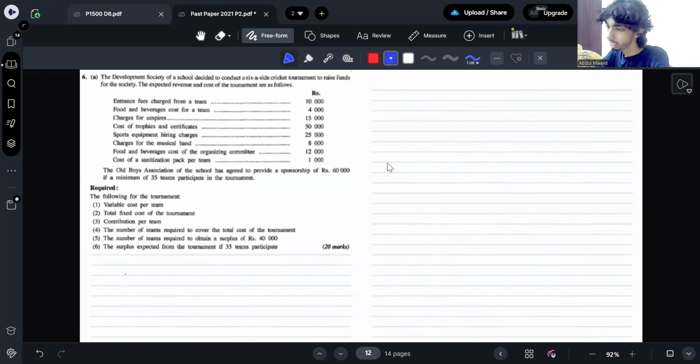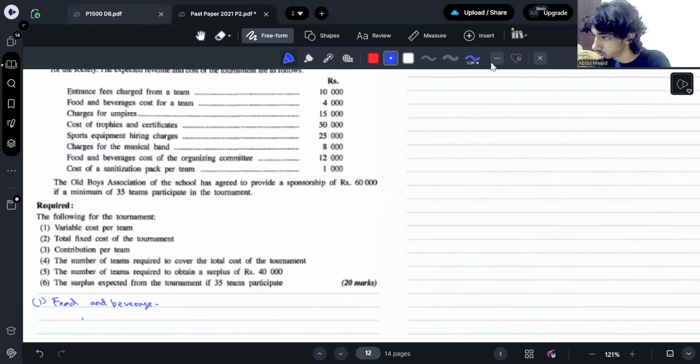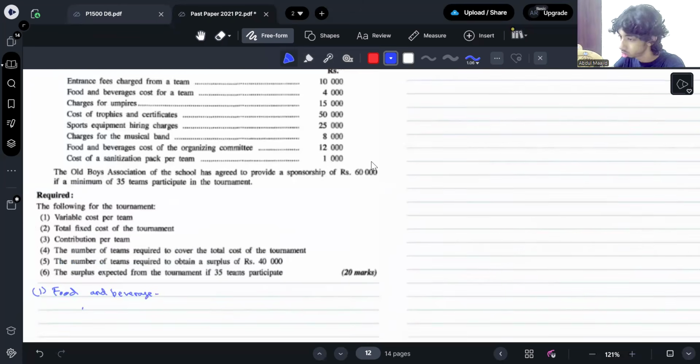Okay, so first of all, variable cost. Variable cost per team, you have food and beverage cost. Food and beverage cost is 4,000.